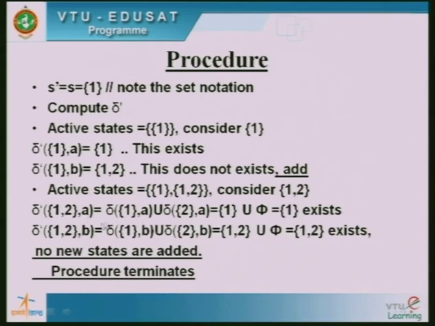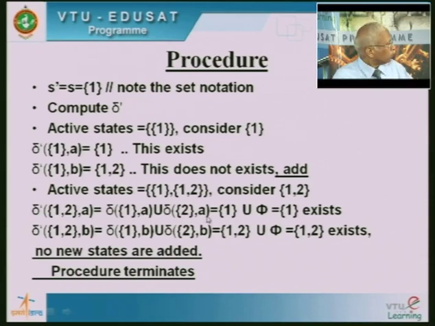For that you have to take delta. The difference is that you have to take each one of the states separately. Delta of 1 on A union delta of 2 on A. Delta of 1 on A will be 1 itself, that is what is indicated here. Delta of 2 on A, 2 on A is the null set, there is no transition. Therefore, if you take the union of these two, that will be 1 only.